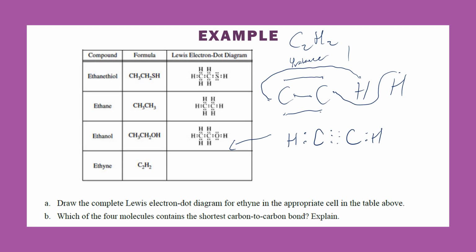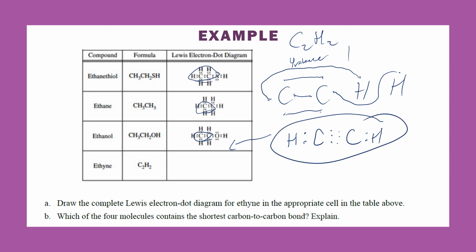And then it says, which of the 4 molecules contains the shortest carbon-to-carbon bond? Well, that depends on whether it's single, double, or triple bonds. So this carbon-carbon one has just a single bond, single bond, single bond, and of course ethine that we just drew was a triple bond.